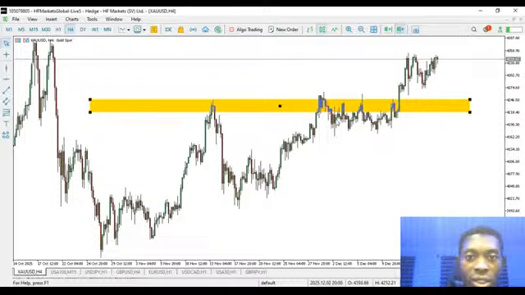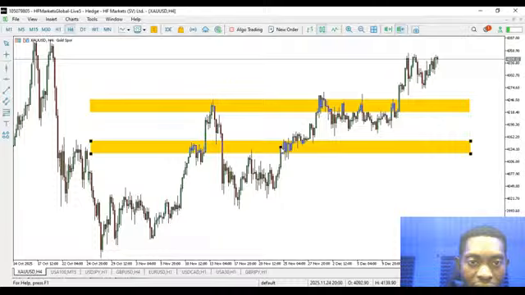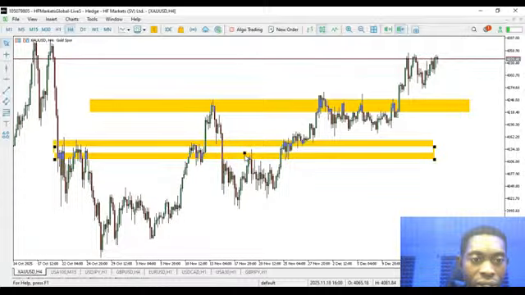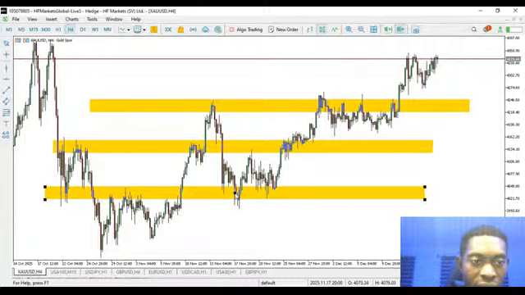Then I draw it again somewhere around here, and around here. There was a reaction here, then a reaction here, then in the future, there was a reaction.